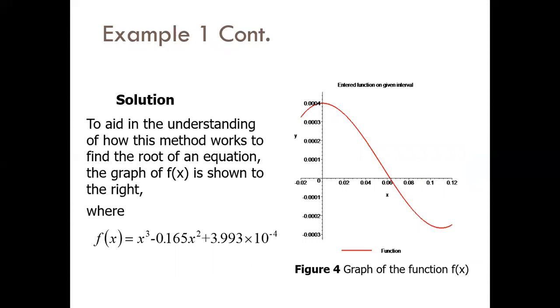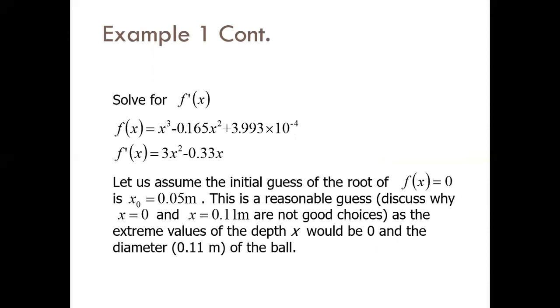Now the solution. For the solution, we can write the function, that is f of x is equal to x cube minus 0.165 x square plus 3.993 into 10 raised to minus 4. For finding the initial guess, we solve for f dash of x.